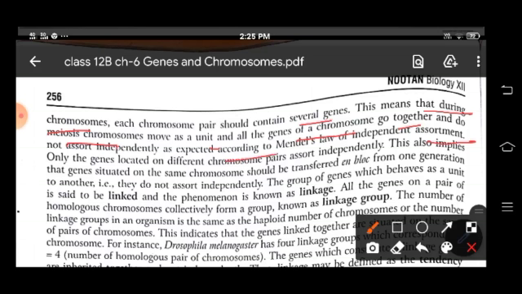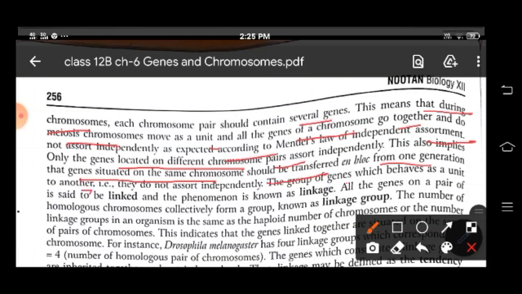Only those genes which are located on different chromosomes assort independently. This also implies that genes situated on the same chromosome should be transferred en bloc from one generation to another.